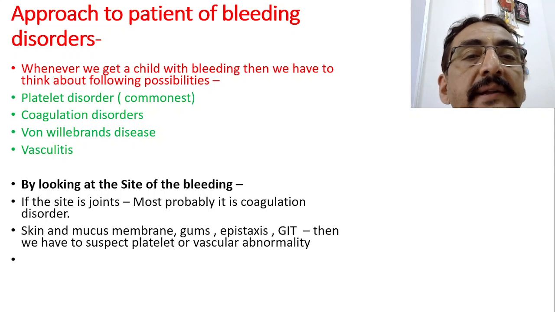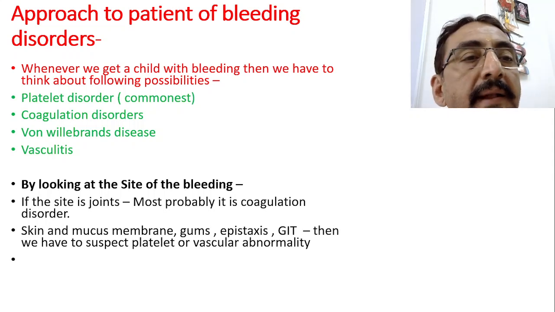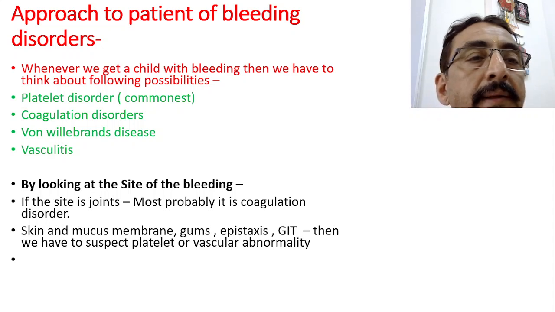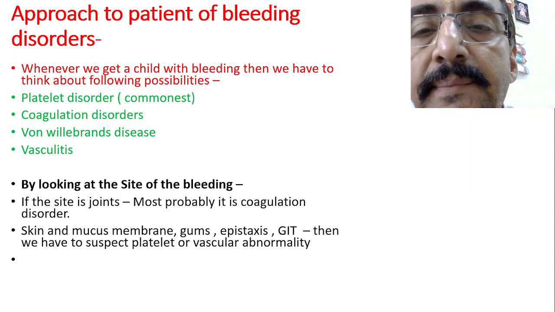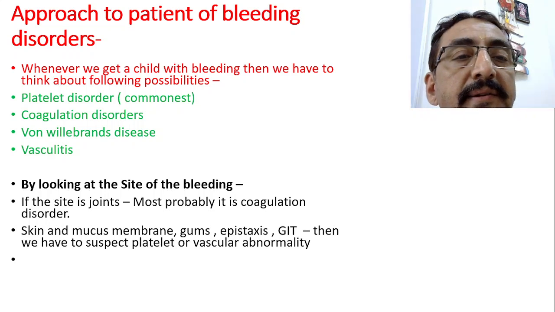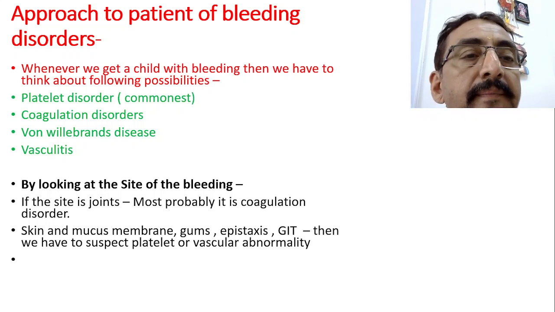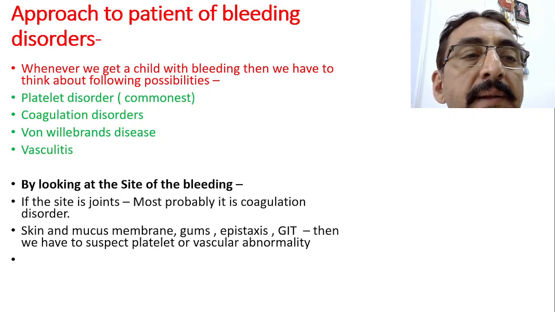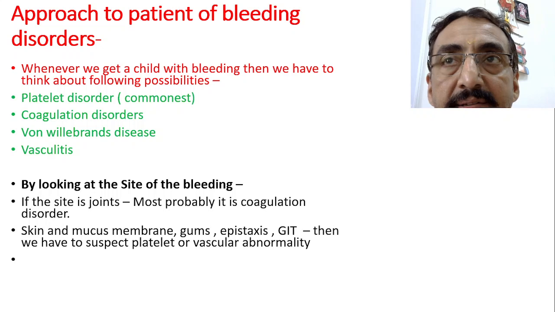Now whenever we get a child with bleeding, we have to think about the following possibilities. Number one, there is a bleeding, therefore it may be a platelet disorder, which is the most common one. It may be a coagulation disorder. It may be von Willebrand's disease, or it may be vasculitis.